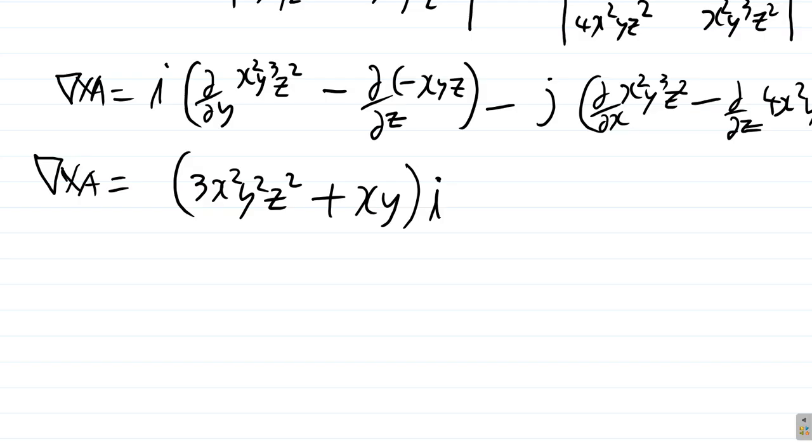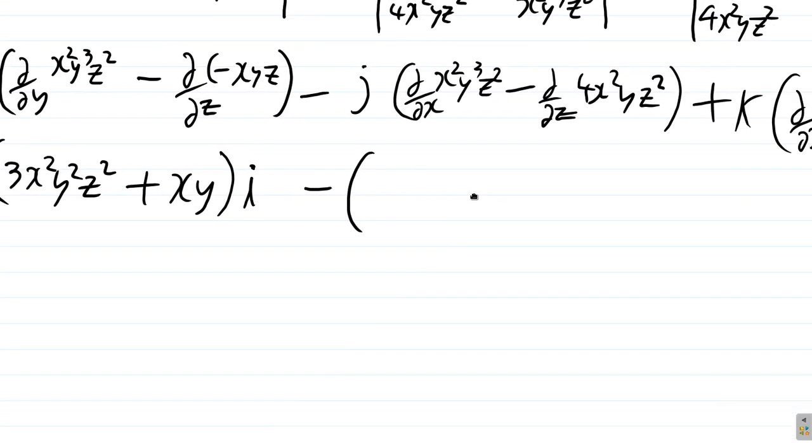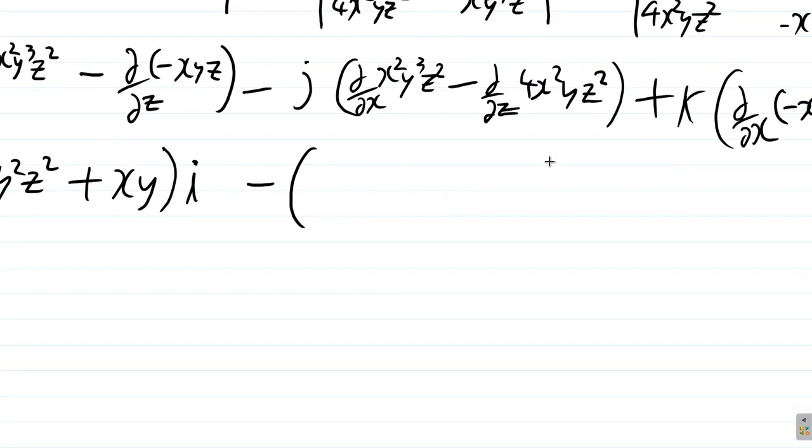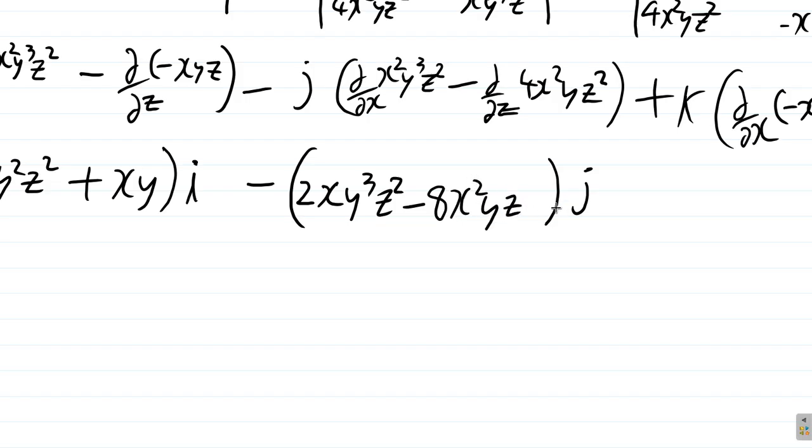Minus j times: the partial by partial x of this function is going to be 2x y cubed z squared, minus the partial by partial z of this, which will be 4 2's 8 x squared y z. Alright, and that's j.